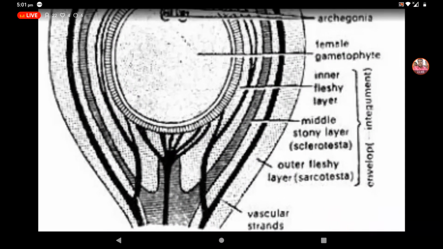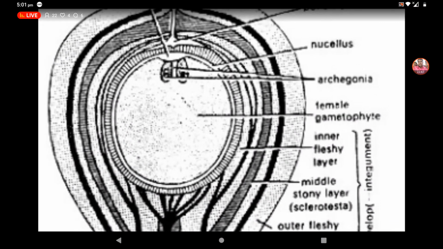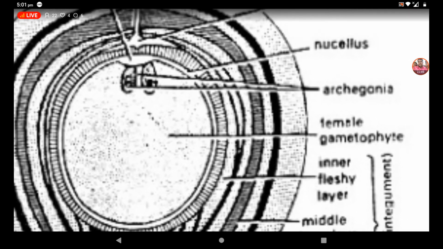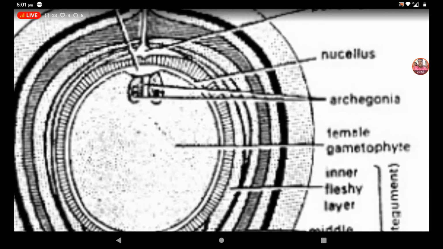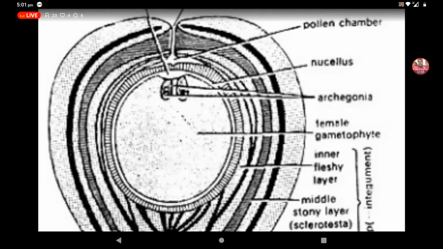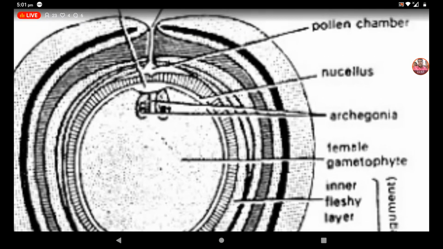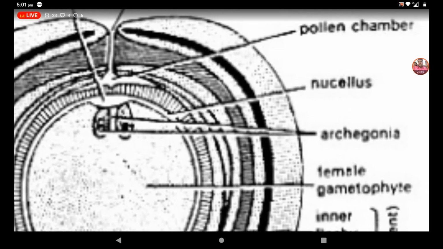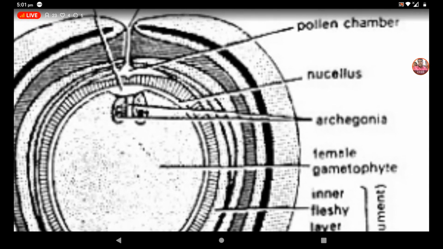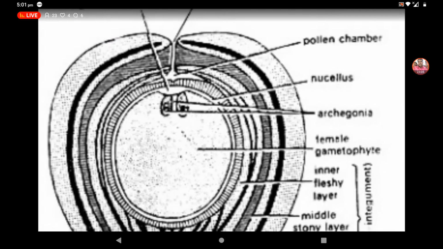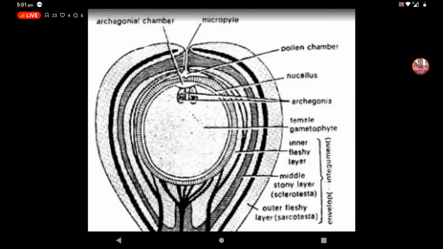We can take one more now. The female gametophyte is mentioned here in the center of the ovule, that means the megasporangium. That is also called endosperm, as already said. And next the archegonia are shown. How many archegonia are shown on the screen? There are two archegonia. So two to many archegonia are present.